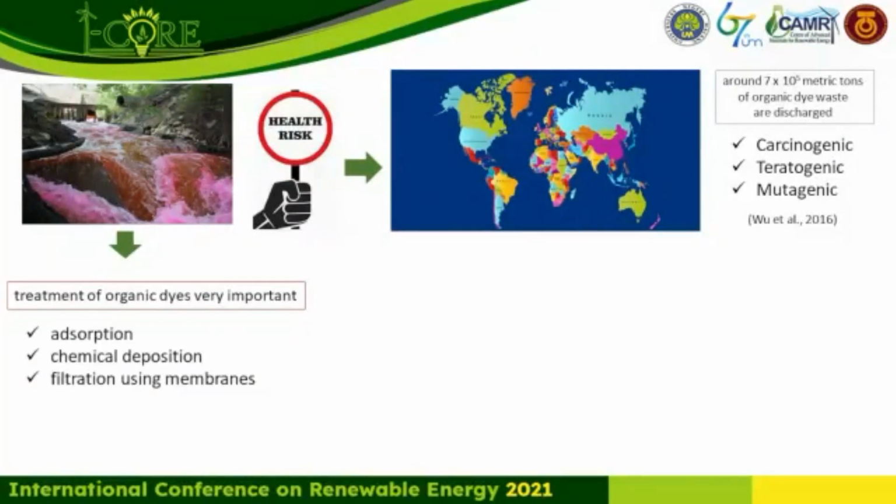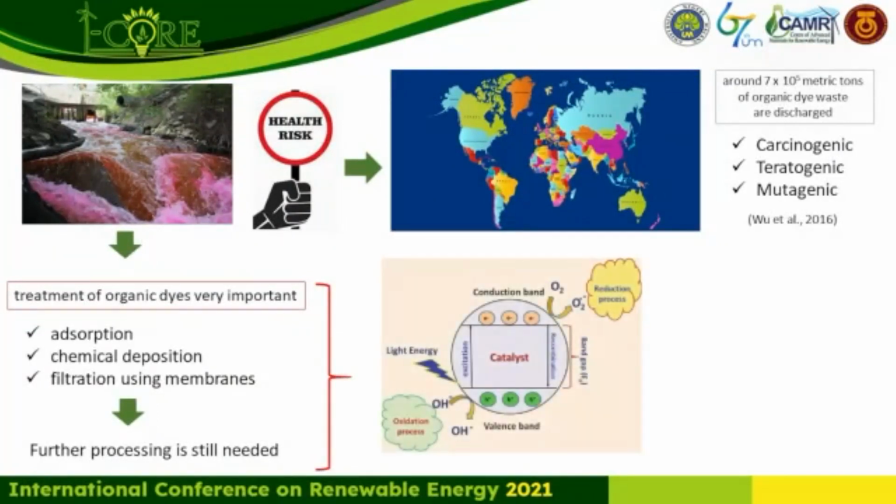Several dye wastewater treatments have been developed, for example, adsorption, chemical precipitation, and filtration using membranes. Unfortunately, these treatments do not completely remove the dye, so further processing is still needed. Differently, photodegradation treatment is interesting because it can completely remove the dye from the water.